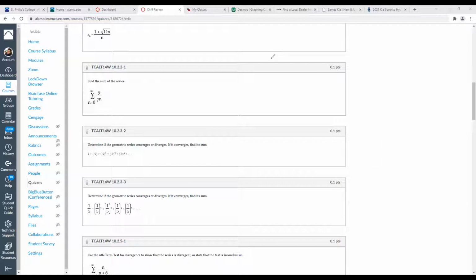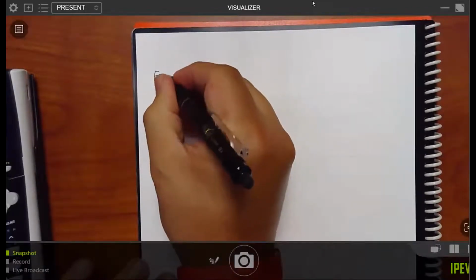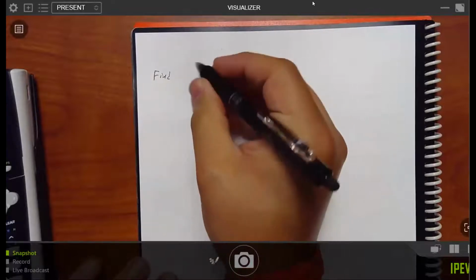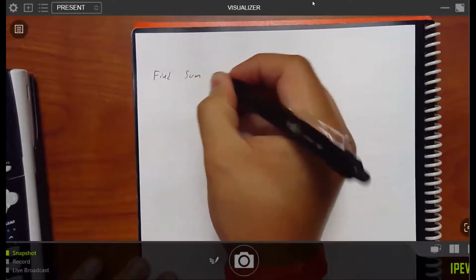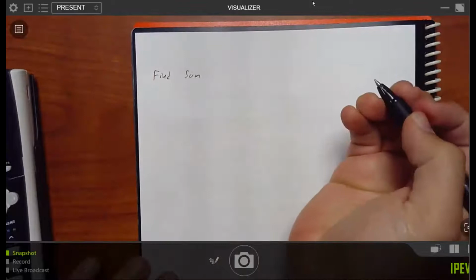That's what it was. Okay. So let's write that one down. Find the sum. They didn't ask about converges or diverges, but if they ask me to find a sum, then that implies that it must converge. Otherwise, there's no sum.